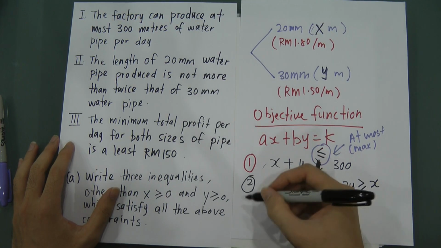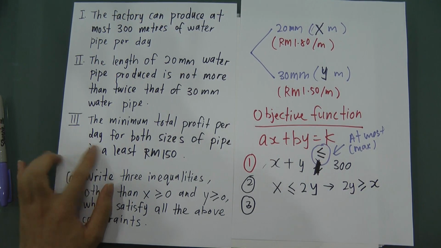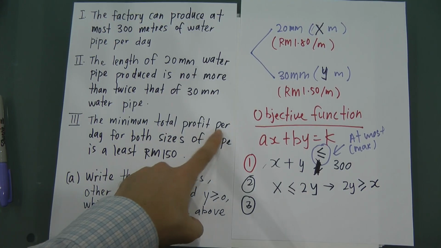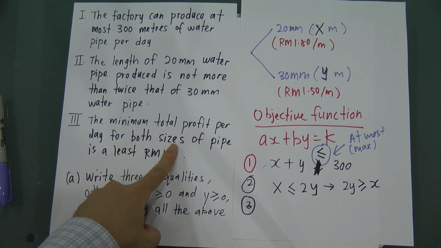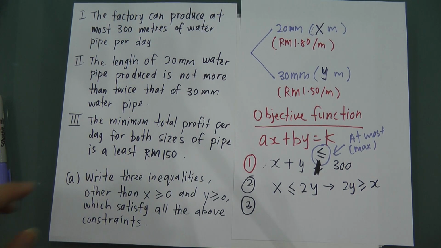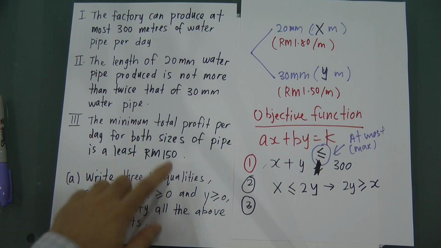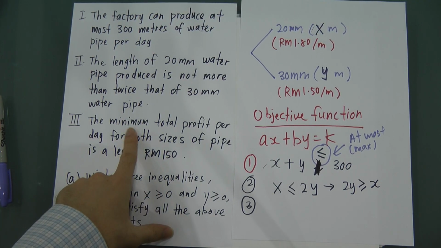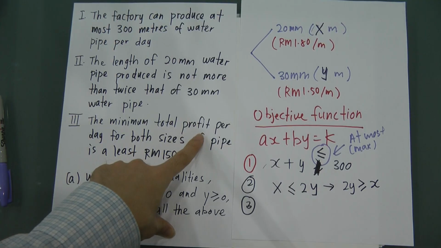So the last equation will be: the minimum total profit per day for both sizes of pipe is at least 150. Minimum means I can get more than 150. I can get 151, 156, 170, 190, whatever is more than 150. This is the minimum total profit.